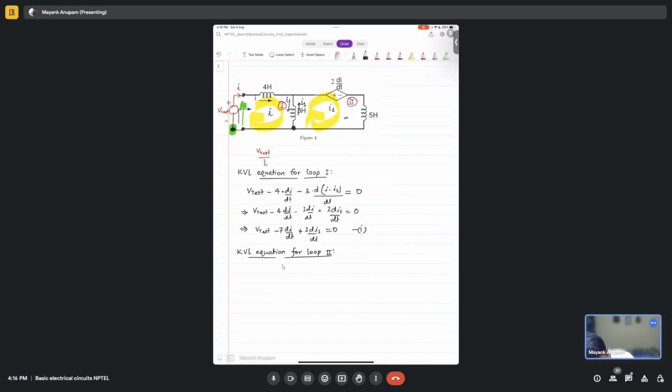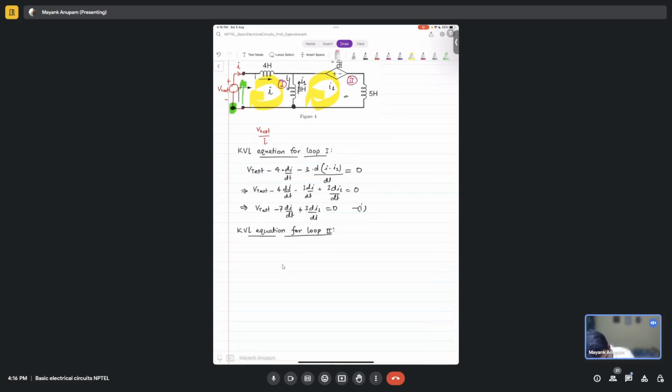When I go from this point to this point, what will be the term? What should it be here? So I1 is in the I1 minus I direction. Correct. So this is 3 Henry times d(I1 minus I) divided by dt.